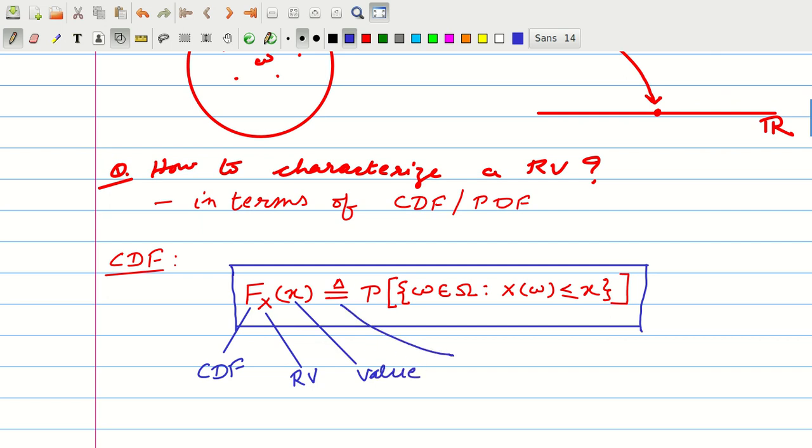This symbol, the triangle equality, is used to define the distribution function, and it is read as defined as. This small omega denotes the sample points for which the mapping X of omega takes values less than or equal to small x. Capital omega denotes the sample space.